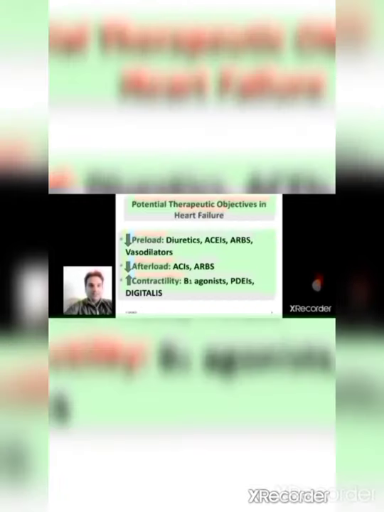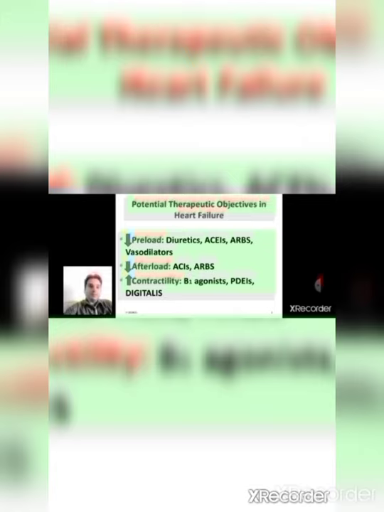All right. So these are the potential therapeutic objectives in heart failure. We need to decrease preload and afterload, and we want to improve contractility if we are dealing with patients with heart failure or even congestive cardiac failure.